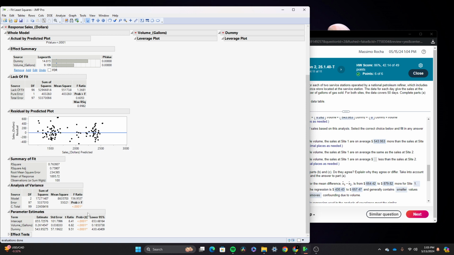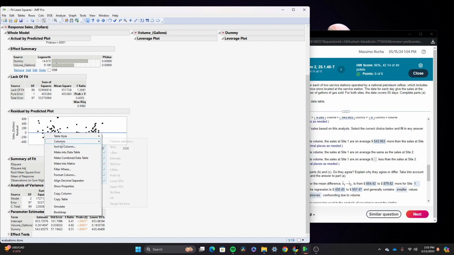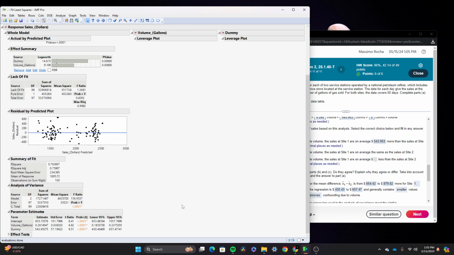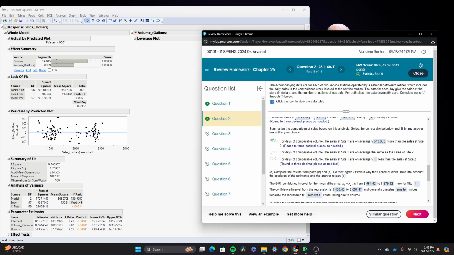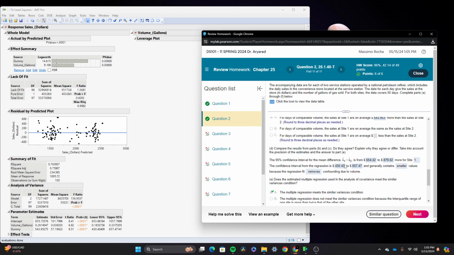And for this part right here, how do we get these numbers? Well, this one, confidence difference. I'll show you how to do this part first.